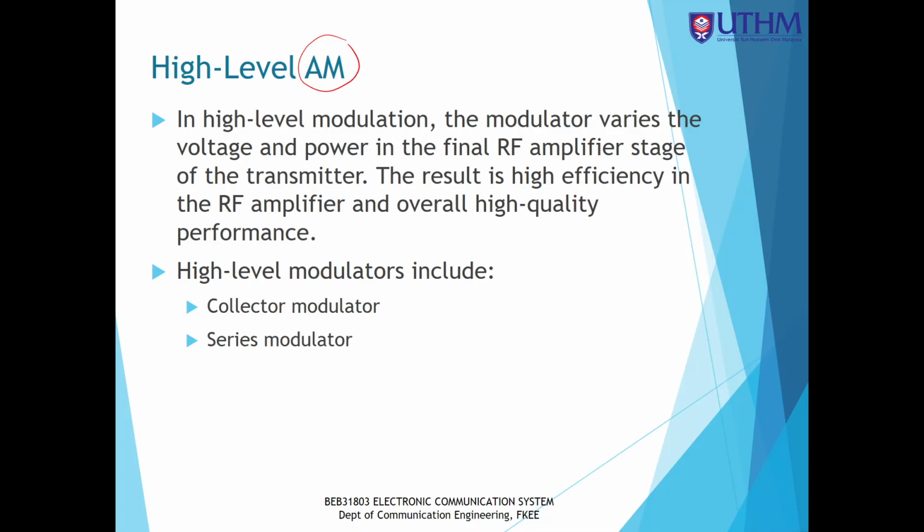The amount of power produced by the modulator is higher, and this signal is suitable for transmission, so we don't need to do extra amplification. So high level modulators can be classified into two categories. The first one is the collector modulator. The second one is the series modulator.